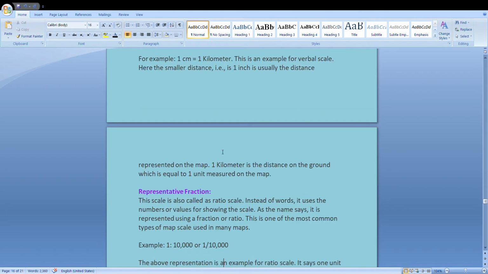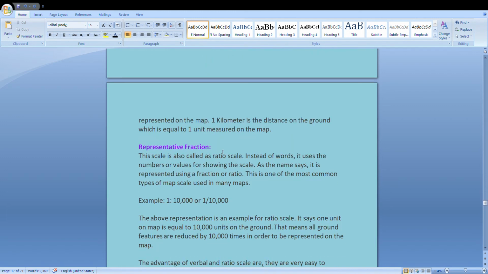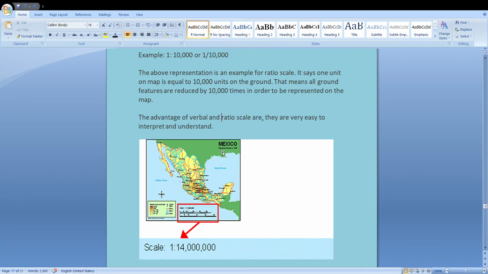Now coming to the second type of scale, that is representative fraction. This is a much more used method. In this method we use a ratio. That means whatever is 1 unit, whether it is centimeter or inch, it is representing 140 lakh units on the surface of the earth. If this unit is 1 inch, then these are 140 lakh inches.